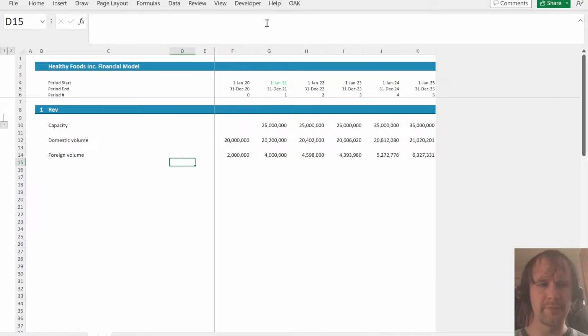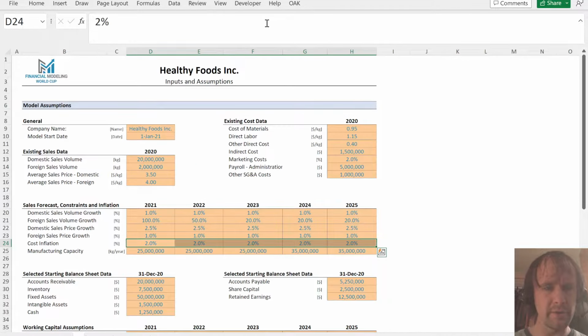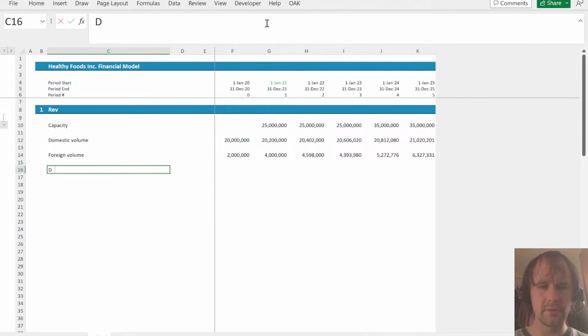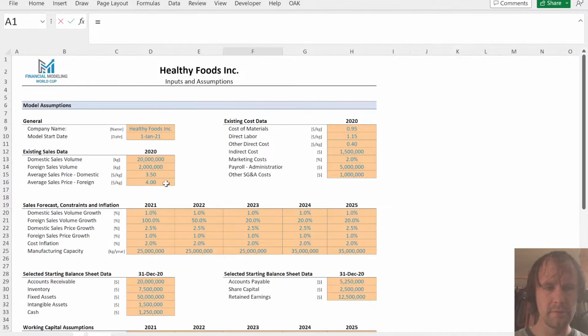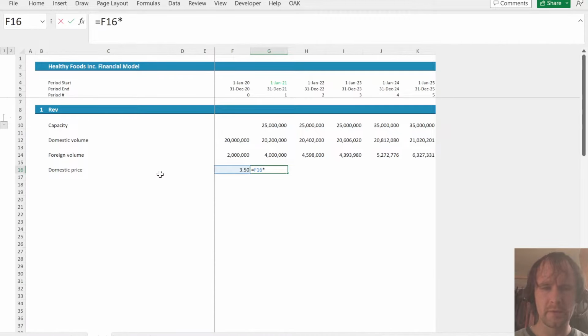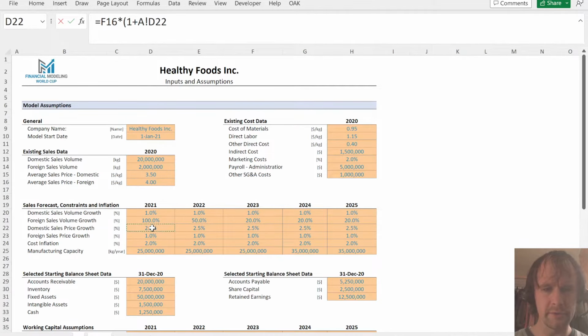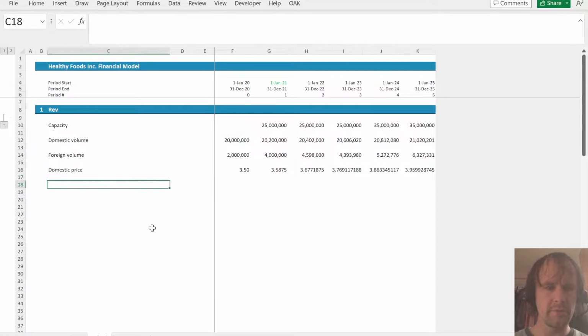Okay. Then domestic price. Price starts off here and grows at this rate. Foreign price.